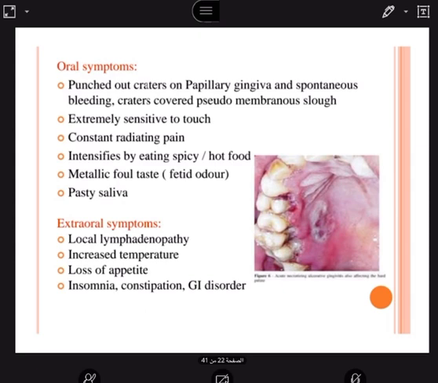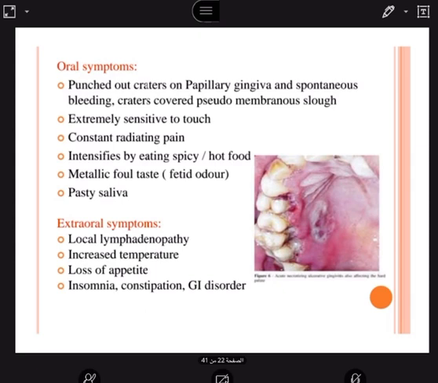External symptoms, you will find localized lymphadenopathy or lymph node enlargement. Again, increased temperature, just like any viral infection, herpetic gingival stomatitis. Here also you can see increased temperature. The patient will not feel like eating because of loss of appetite, basically because of difficulty in swallowing, as well as this constant radiating pain.